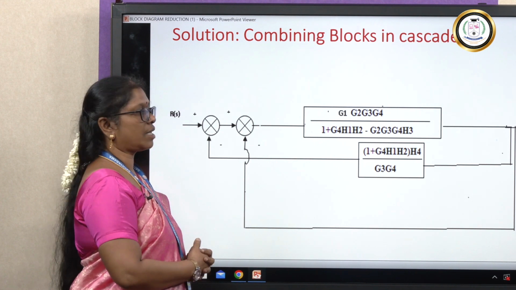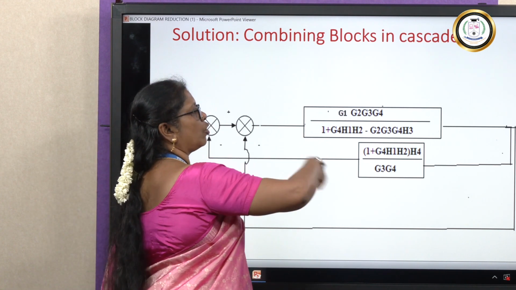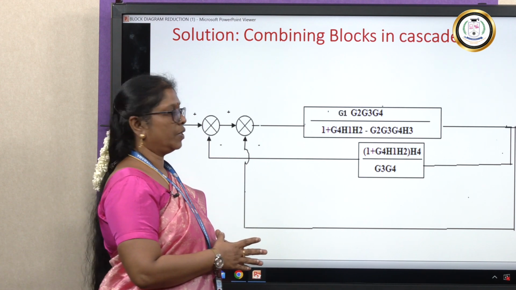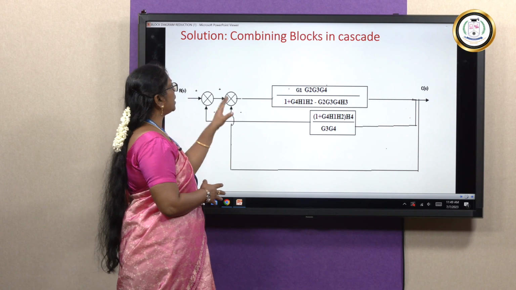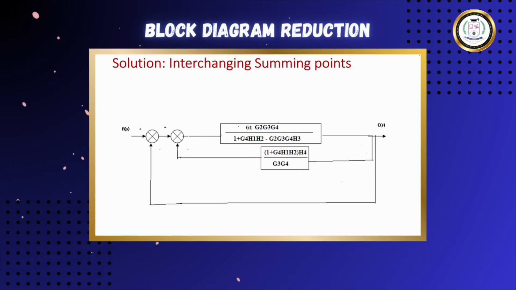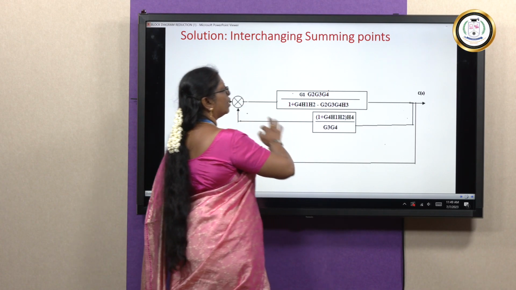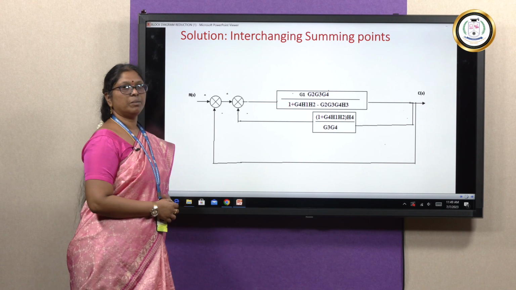If I interchange the summing points, my feedback loop will be free so that I can eliminate the feedback loop, right. So, I am going to interchange these two summing points, right. Now this feedback loop is free for me for elimination.